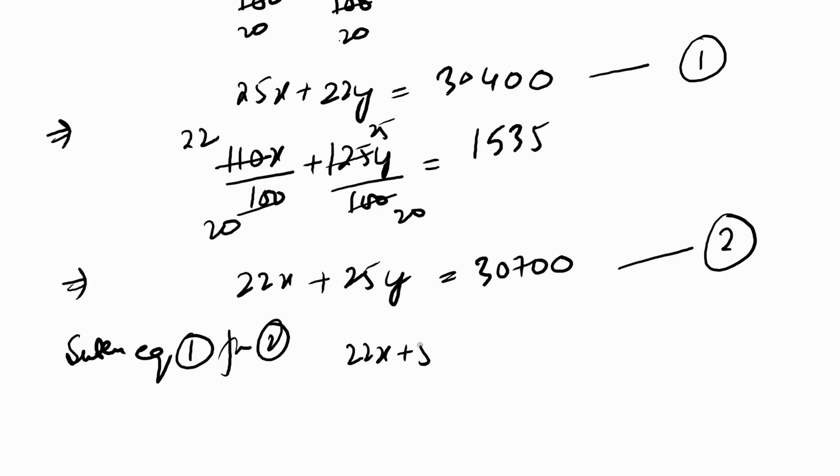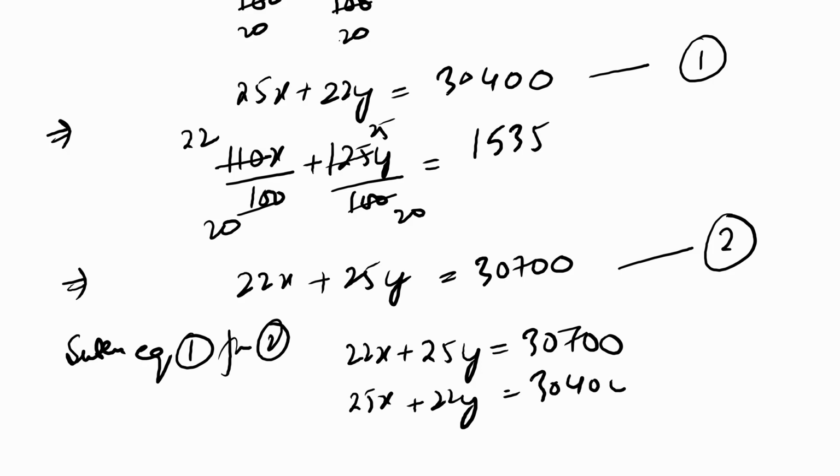22x plus 25y is equal to 30,700 and 25x plus 22y is equal to 30400.